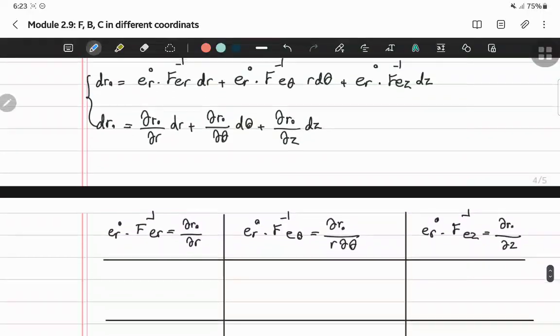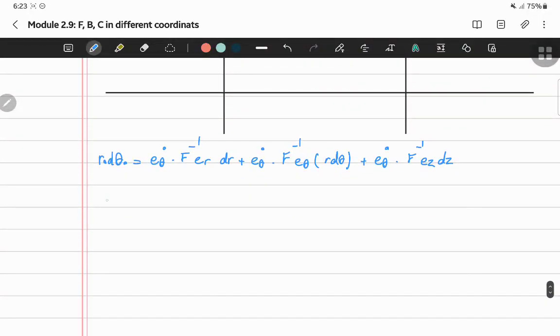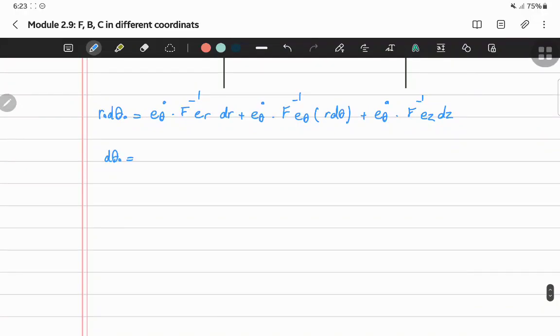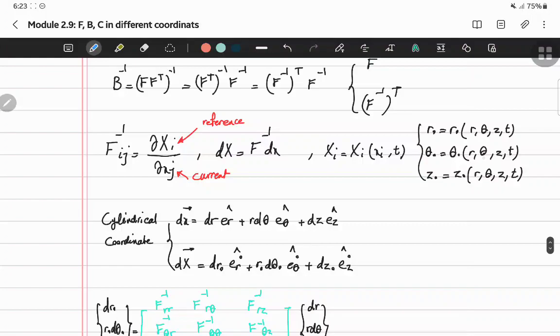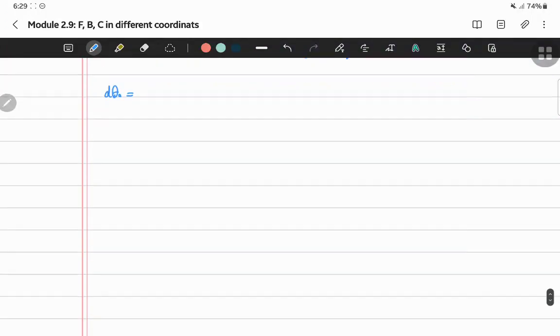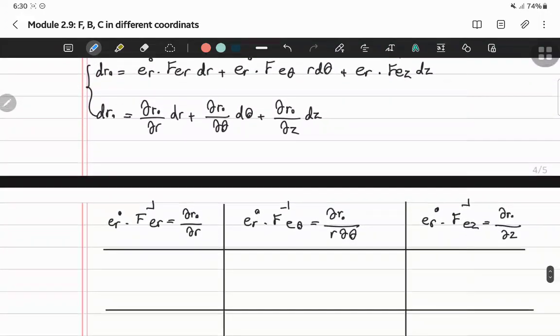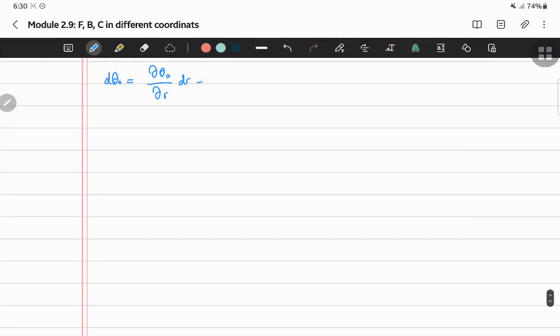So again, we know that d theta 0, since theta 0 is a function of r, theta, and z, becomes the partial derivative of theta 0 with respect to r, dr, plus the partial derivative of theta 0 with respect to theta, d theta, plus the partial derivative of theta 0 with respect to z, dz.